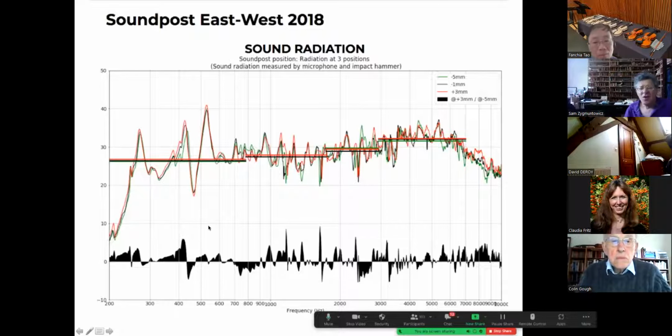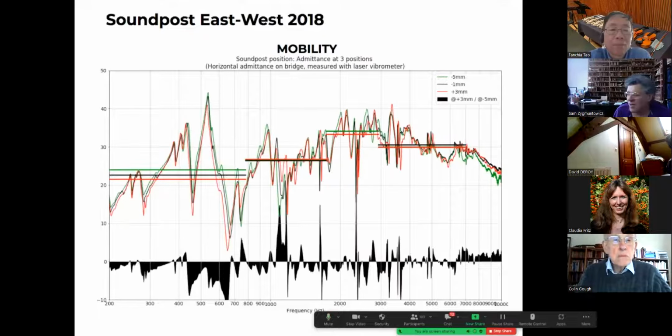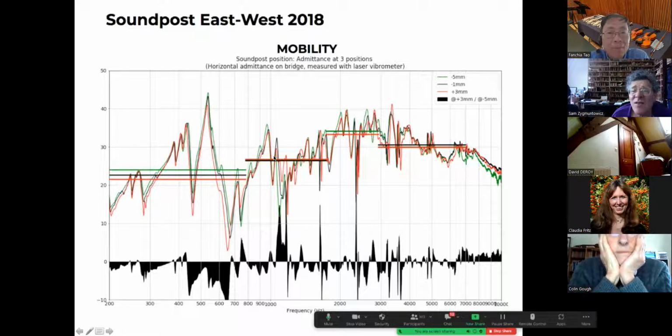Nice. Okay, and the next, so then we decided to track radiation, mobility. There were some issues. I don't remember what the issues with the laser were, but this was a very pleasant surprise, and I'm not claiming this for a general trend that will work on every violin. Is this Marcus's? I think so.